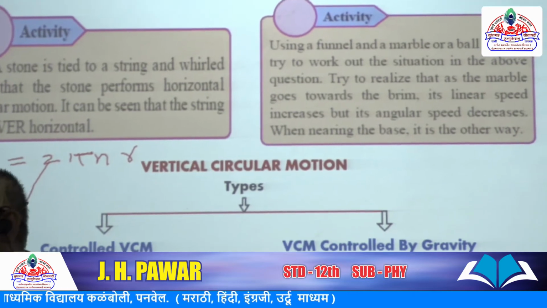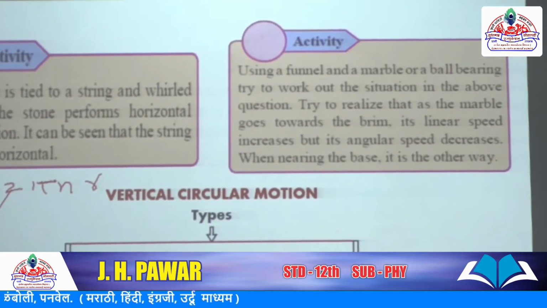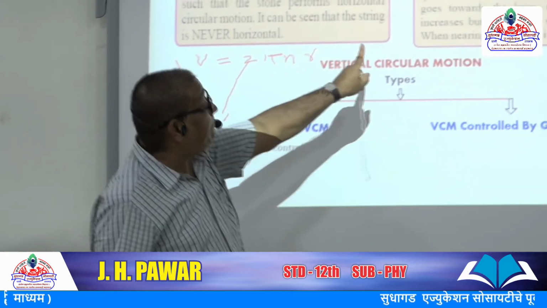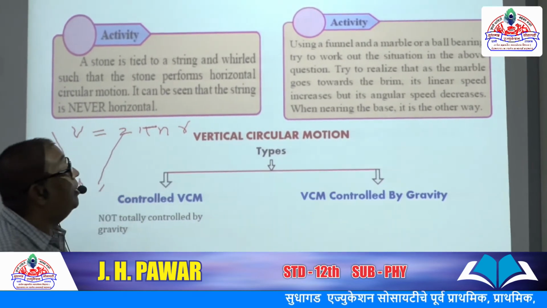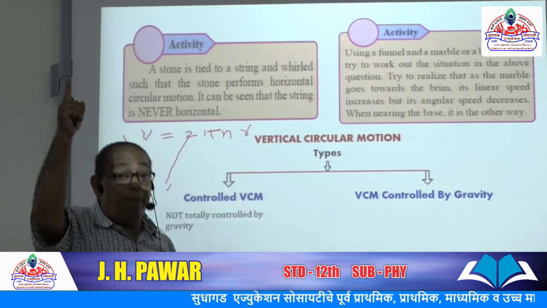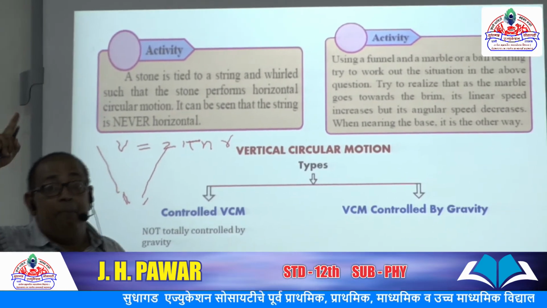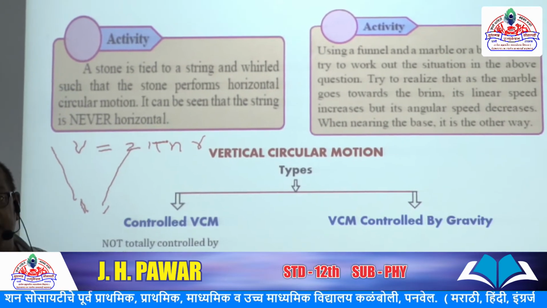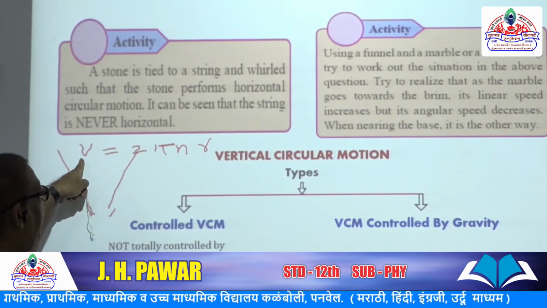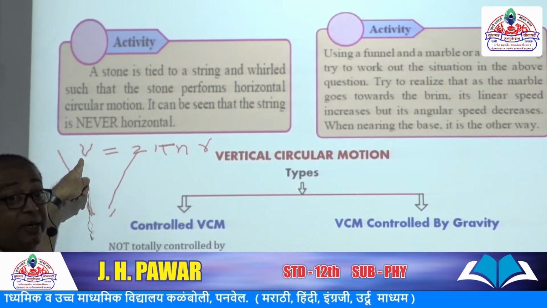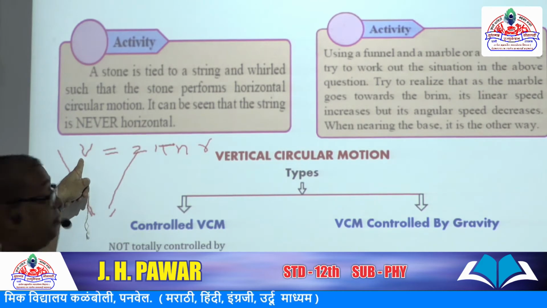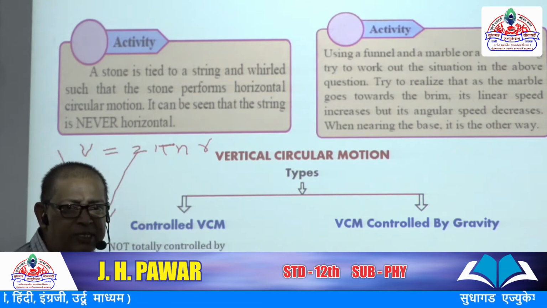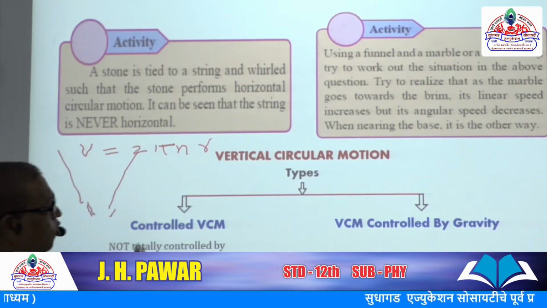But the notable thing is that it is moving slowly as it moves upward and upward. It means its frequency as well as omega goes on decreasing. At the top, at the edge or brim, the frequency is minimum, while linear velocity and r are maximum.